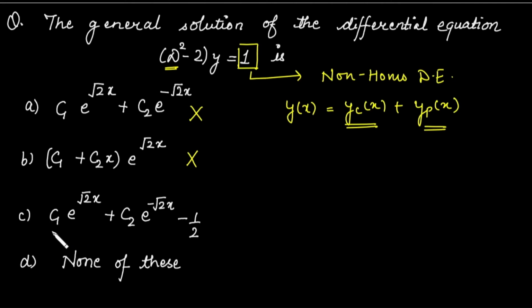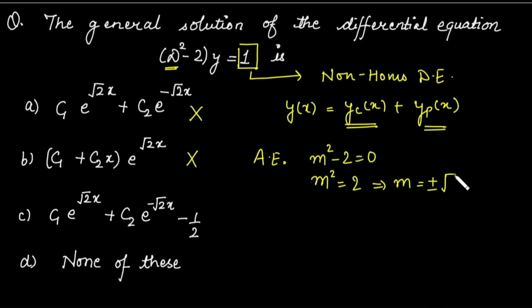So for that we need to calculate. Let's first calculate its complementary function. We can directly write the auxiliary equation in this case, that is m square minus 2 is equal to 0. So m square is equal to 2, which implies m is equal to plus minus root 2. So we have two roots and both are real.